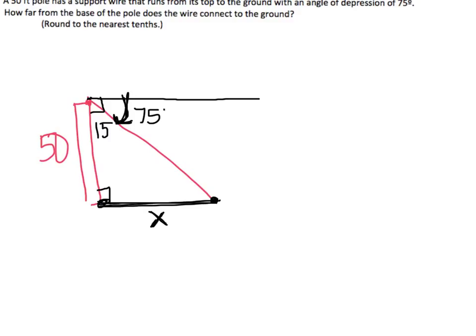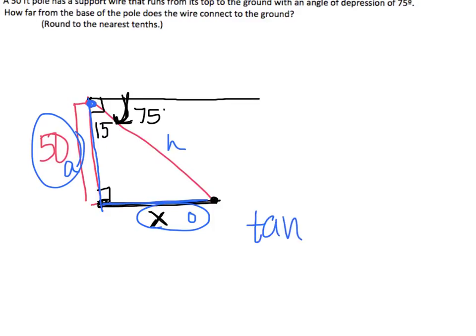And if I know the angle measurement of 15 here, I'm going to draw a straight line down to the right angle. Here's my adjacent. This is the hypotenuse, and then this is going to be the opposite. So I've got O and A, and so that's going to be tangent. So I'm going to say tangent of 15 equals the opposite over adjacent.